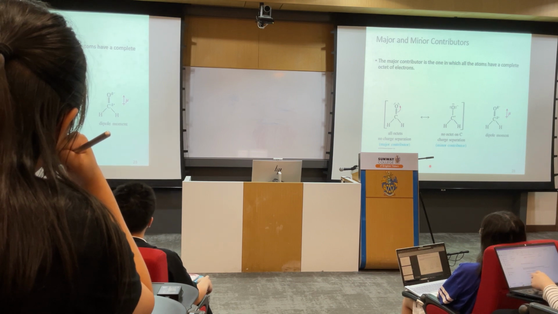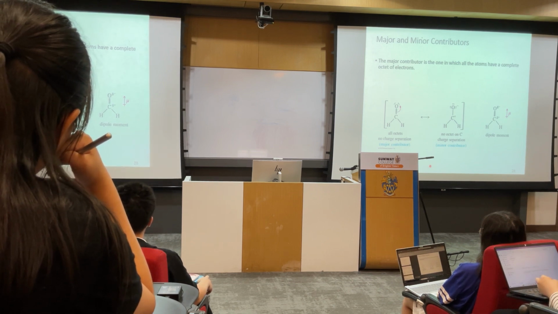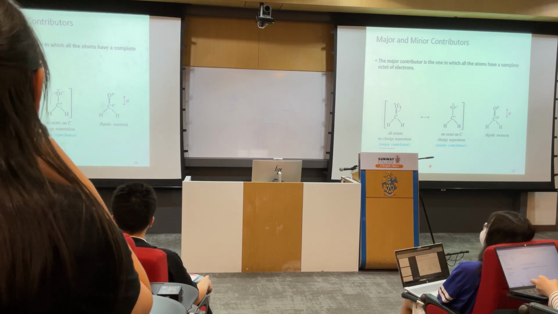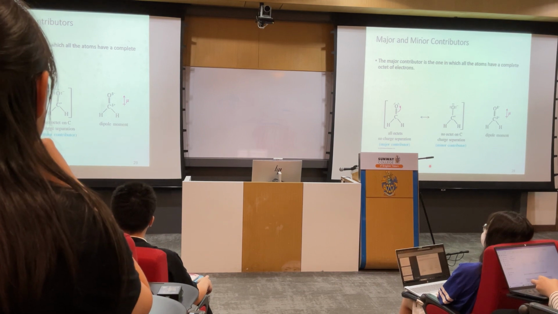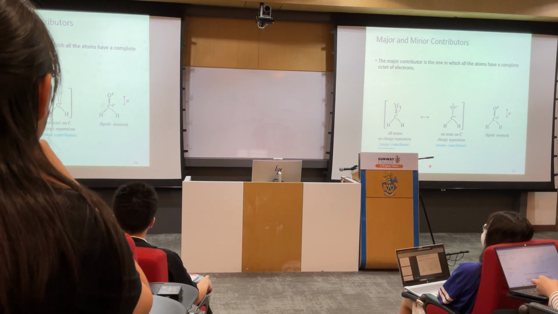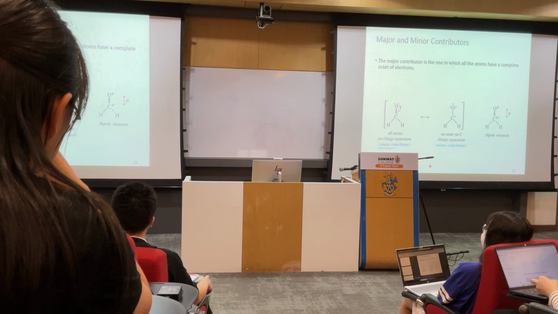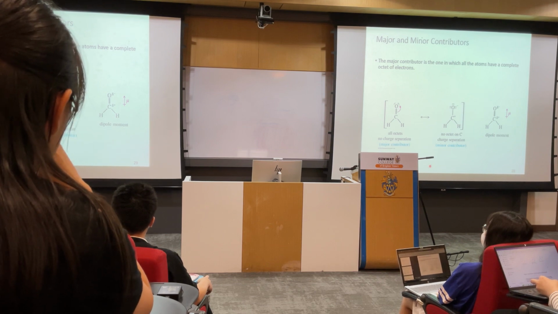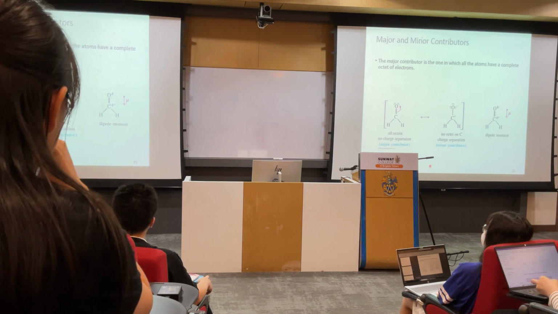Carbon's octet is also complete. So that's why this structure would be favorable, and that's why this will contribute to the actual structure more than the other structure. That's why we like to call it the major contributor, and this the minor contributor.